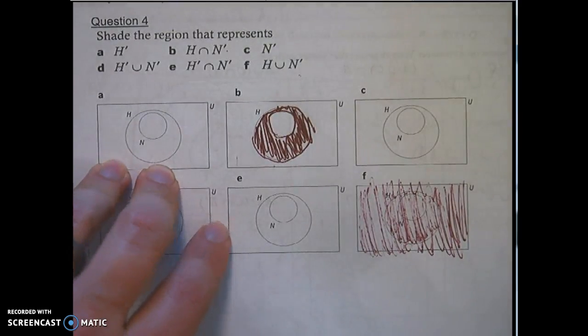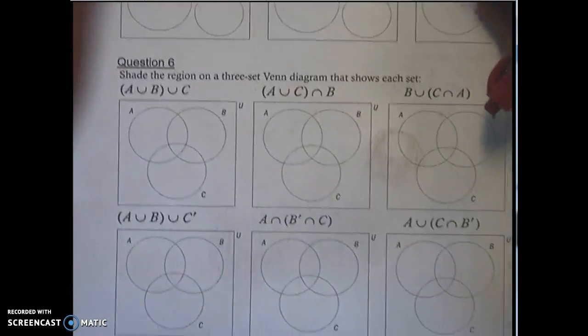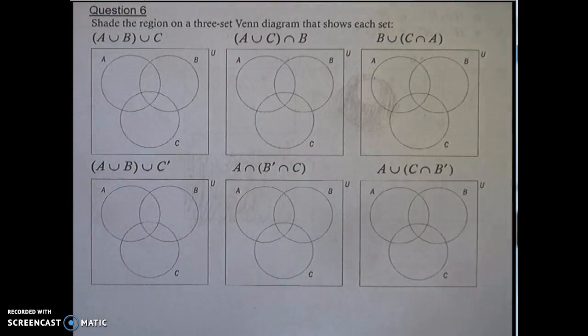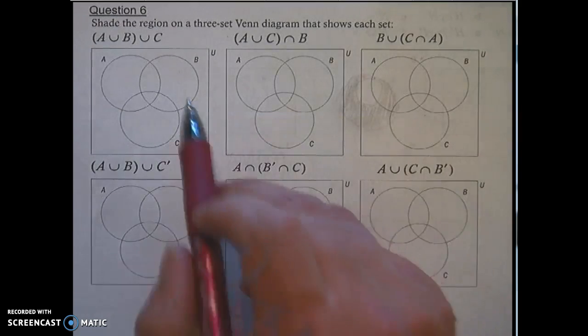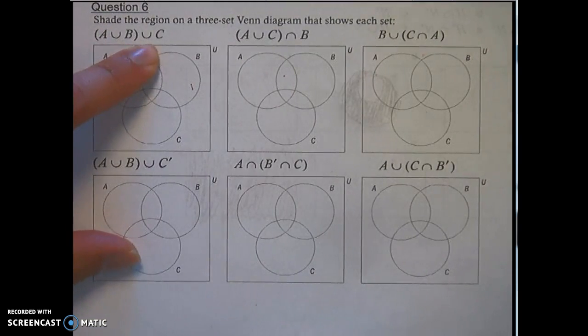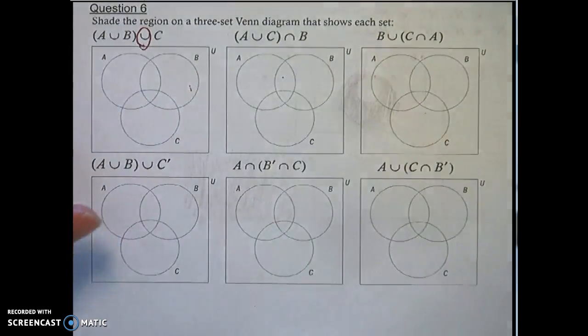Let's go through these and do two more. I'm going to jump to question 6 here with the 3, because if we're going to do this on the IB exam, there's probably going to be 3 circles. Let's do one union and one intersect. So I'm going to do A and B here. So A union B, union C. This is a union problem.